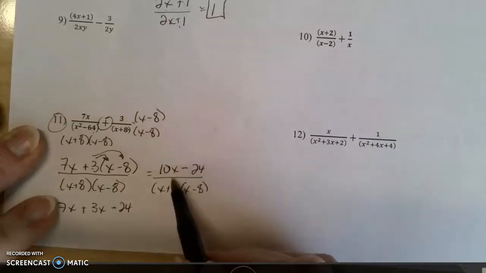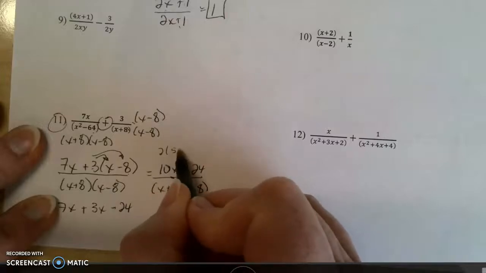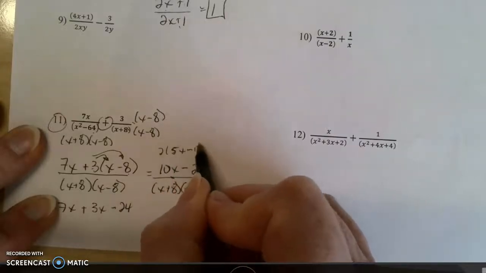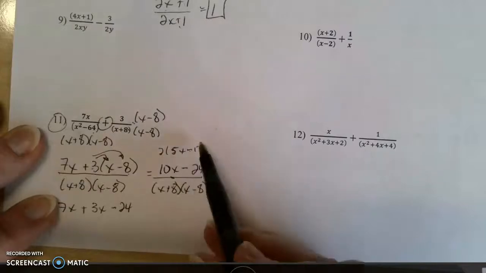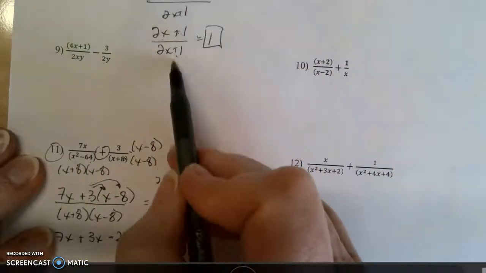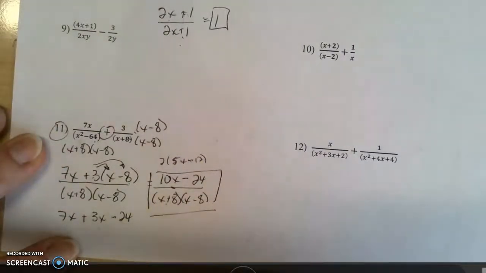So I could factor this, and I could take a 2 out. I'm just going to show it to you. So if I took a 2 out, I'd have 5x minus 12. But these factors aren't alike, so I can't simplify it like I could with this one. So there is my solution.